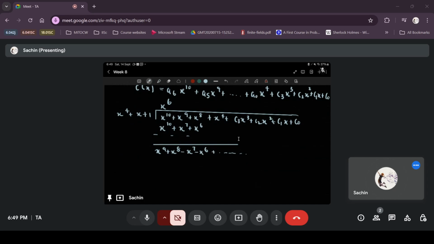Then you multiply by x power 5, get x power 9 plus x power 6 plus x power 5.